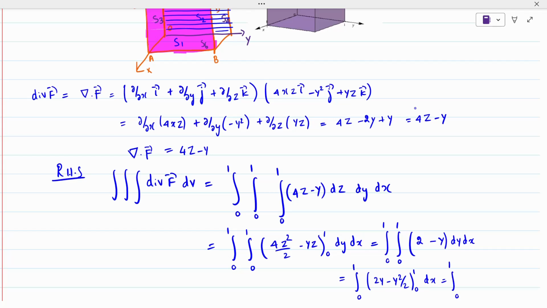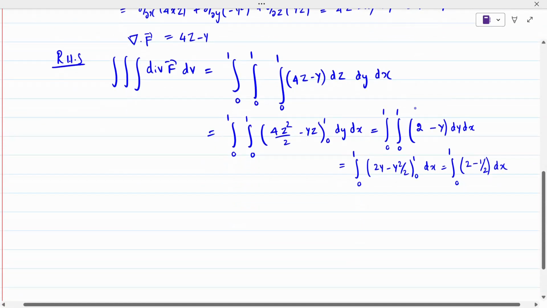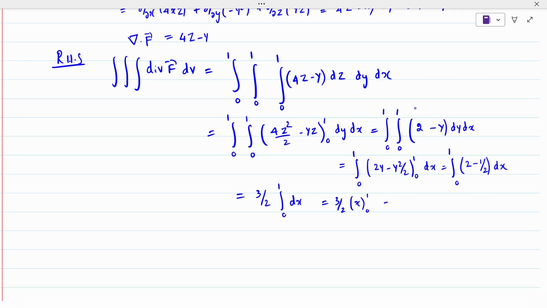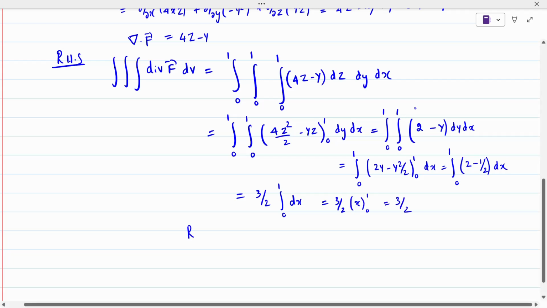From 0 to 1, when I integrate and substitute, I get 2 minus 1 by 2, which is 4 minus 1 by 2, so 3 by 2 dx. Again one more time, 3 by 2 integral 0 to 1 dx. So integrating, 3 by 2 x from 0 to 1, when I substitute it's 3 by 2 only. So the right hand side I'm getting to be 3 by 2.